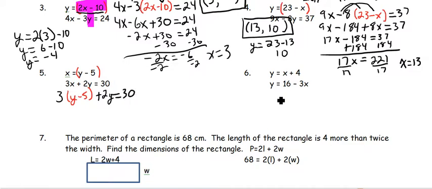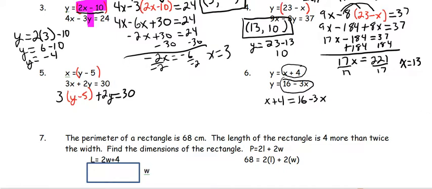And then number 6 is like we did in the previous one. You simply set this part equal to this part. So that would be x plus 4 equals 16 minus 3x.